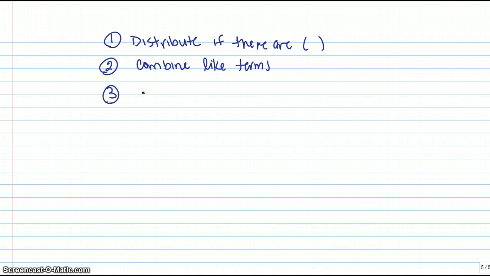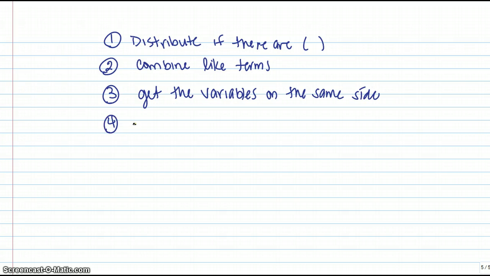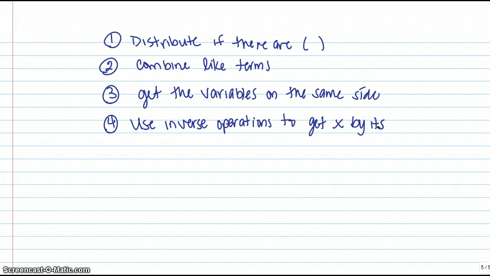Step number 3 is to get the variables on the same side. And then finally, step number 4 is use inverse operations to get x by itself, which is the same thing as solving for x.